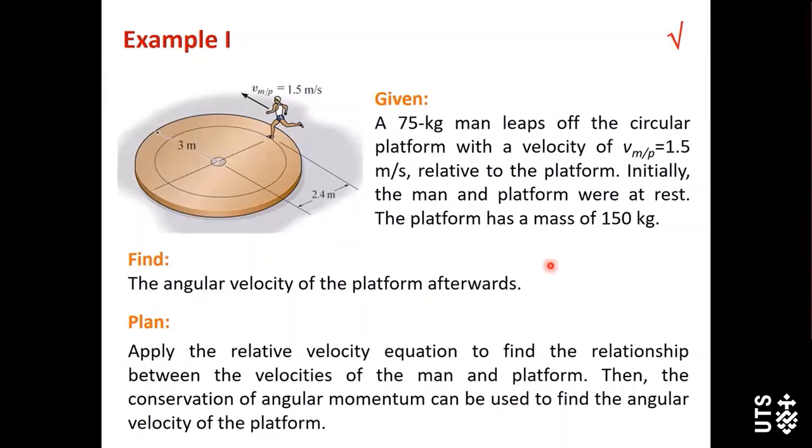This problem looks not very easy, but if we have a top view on this platform and this man, we can treat this problem as a planar rigid body dynamics problem.